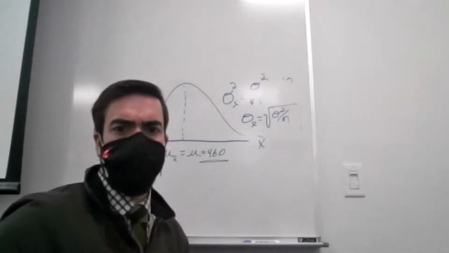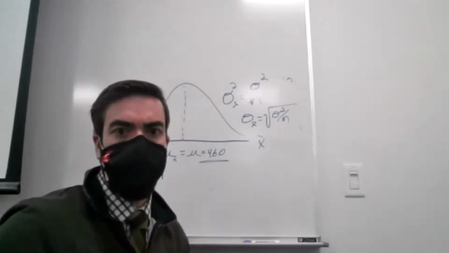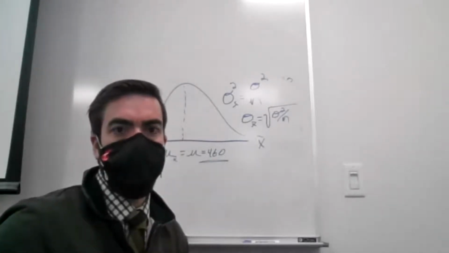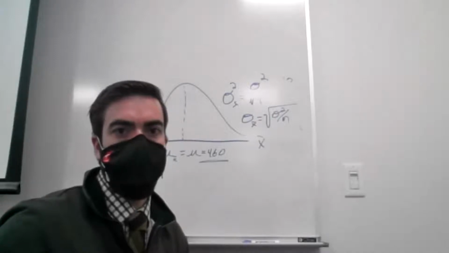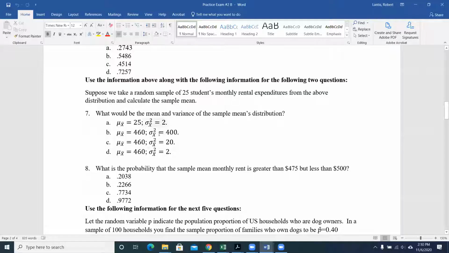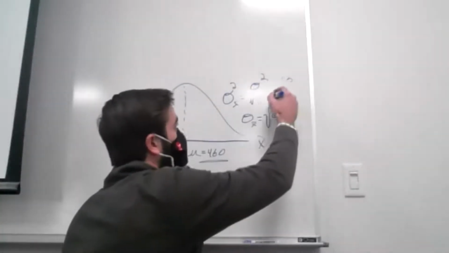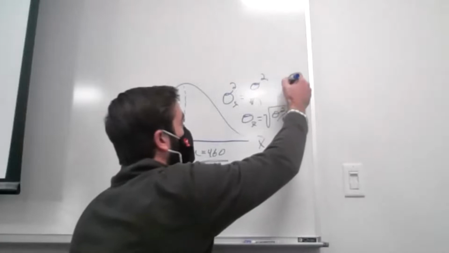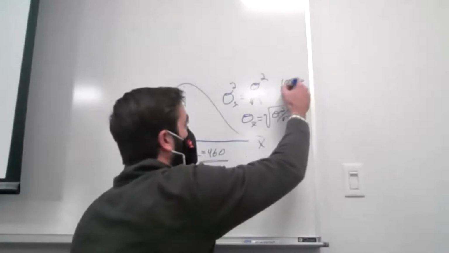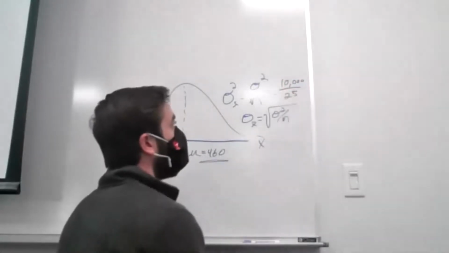And I can't remember if we were asked for the variance or the standard deviation. Oh, I think it's the variance. Yep, the variance. Yeah, we're asked for the variance here. So we're plugging things in here. We had 10,000 divided by 25.